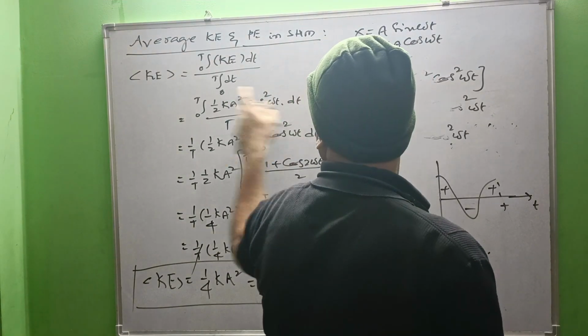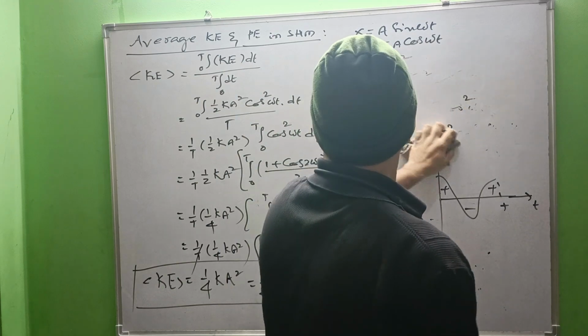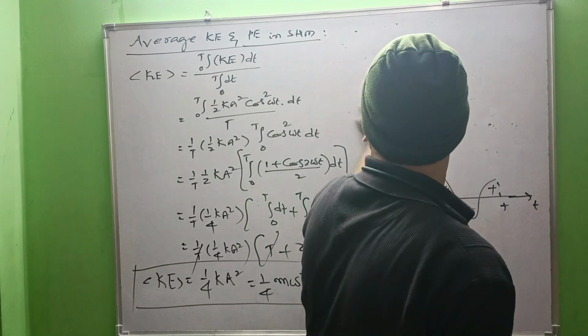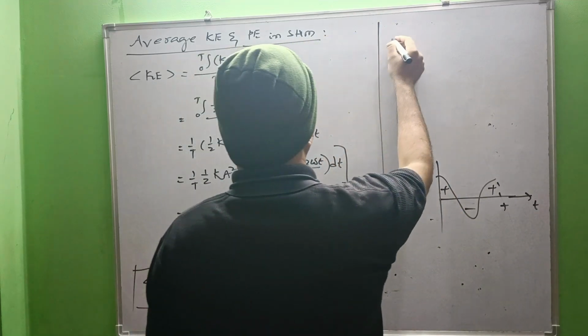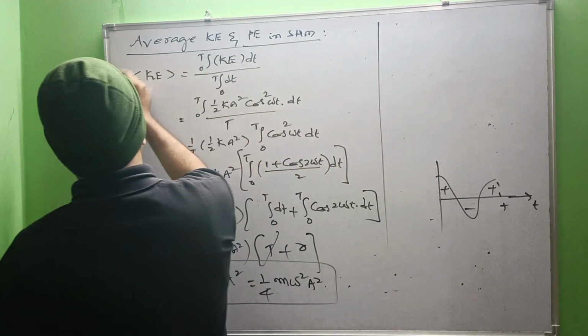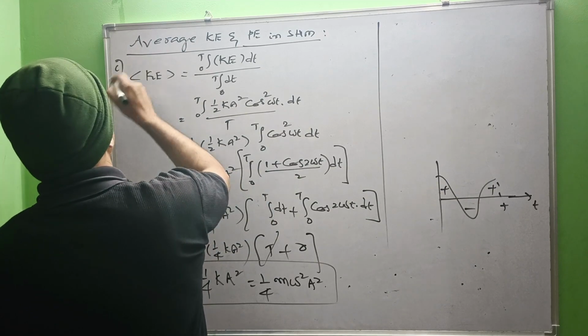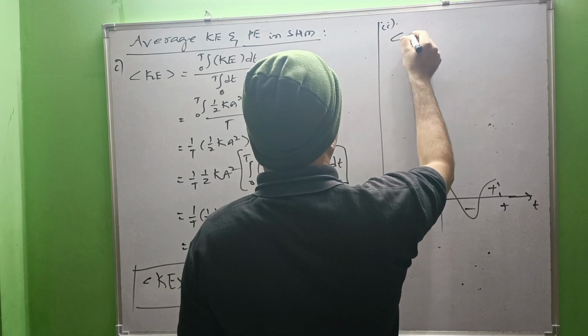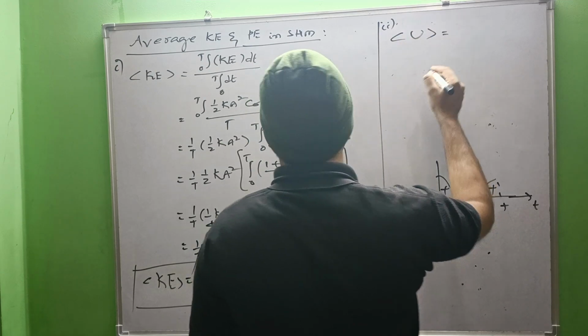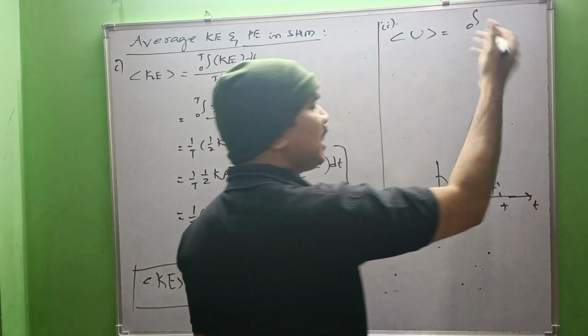So in the same way, average potential energy. This is the average kinetic energy, the first part. The second part is the average potential energy, equal to the integral within a time interval.